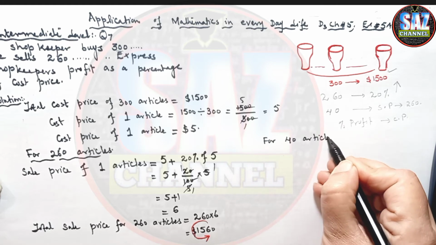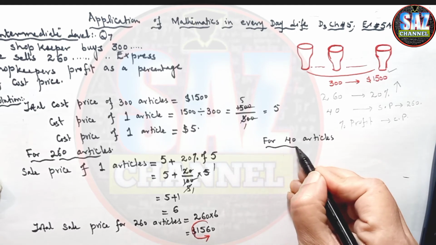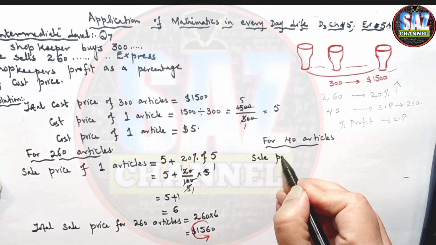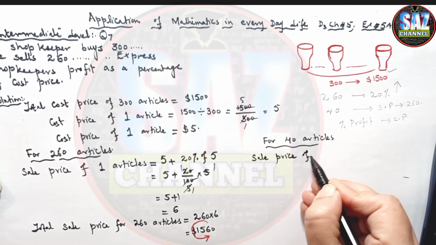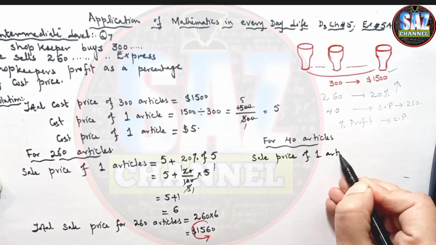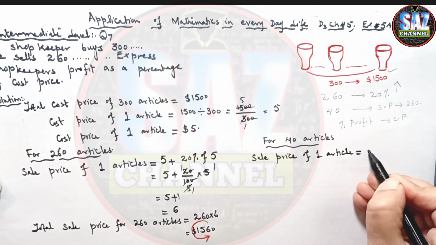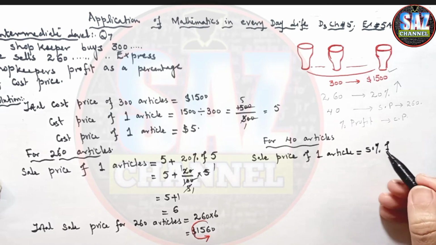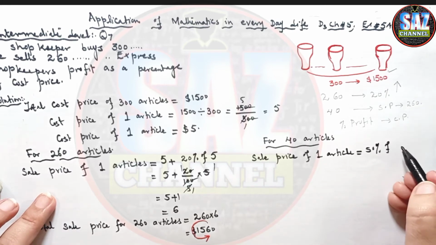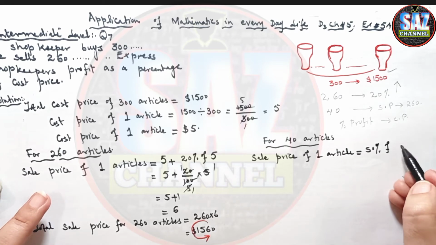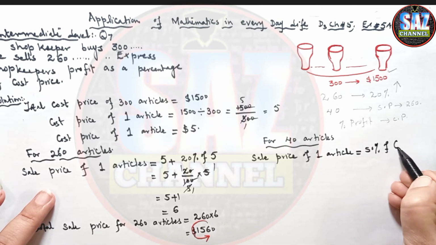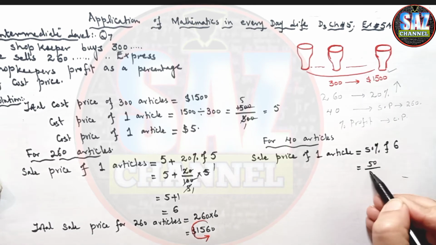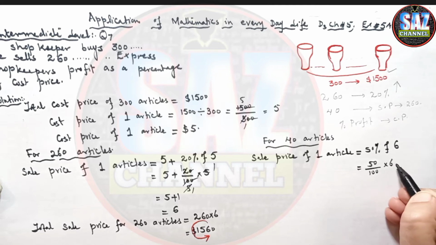So how is he deciding the sale price? The sale price of one article equals 50% of the sale price of one article which is sold among the 260. So 50% of 6, so 50 over 100 multiplied by 6.